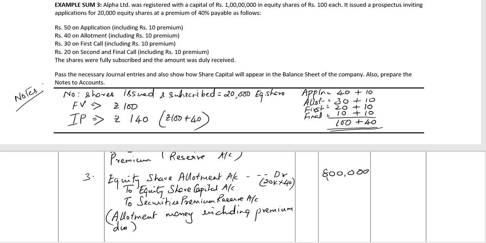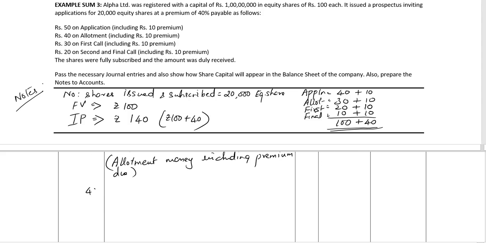The amount towards share capital is 20,000 multiplied by 30, that's 6 lakh rupees, and 20,000 multiplied by 10, which is 2 lakh, is for securities premium reserve.